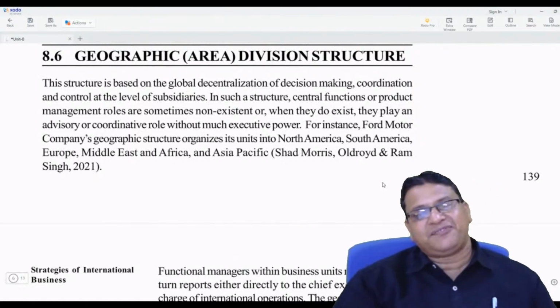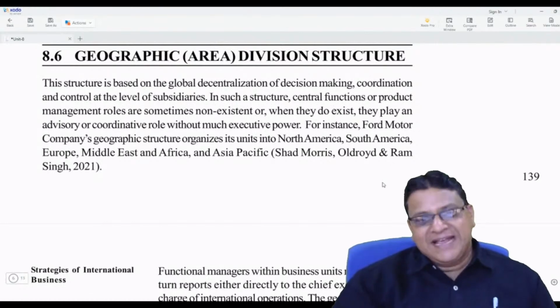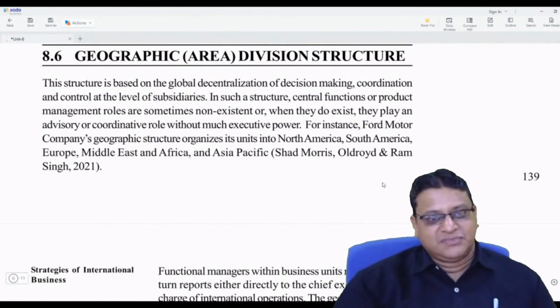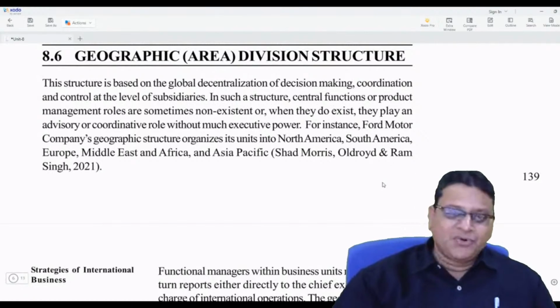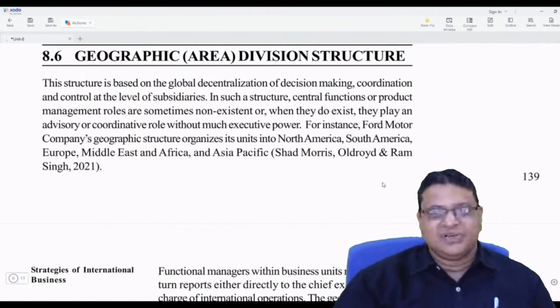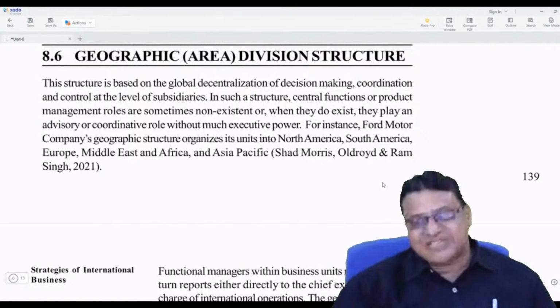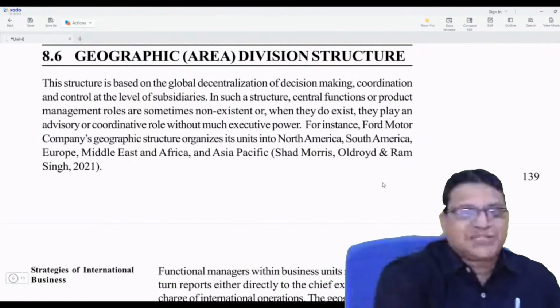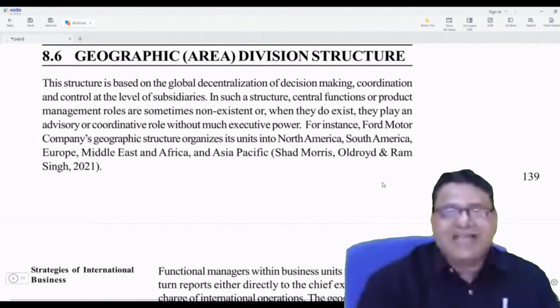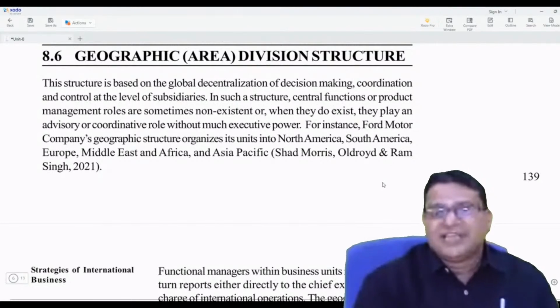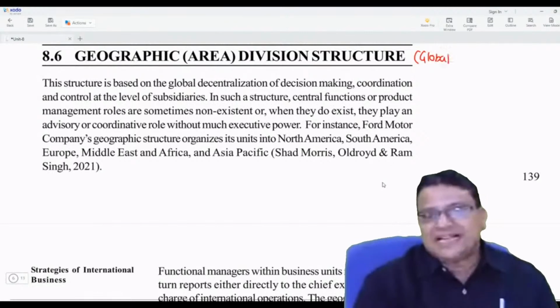What is this geographic or area division structure? The global functional structure is based upon a centralized model, but this geographic area divisional structure is based upon a global decentralization model.